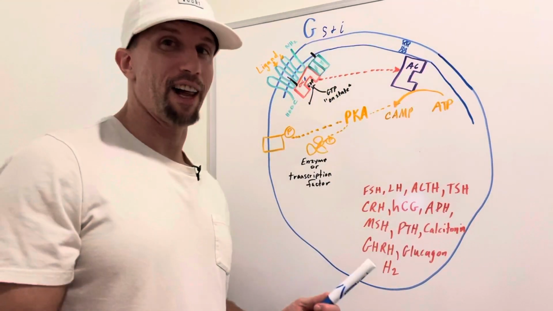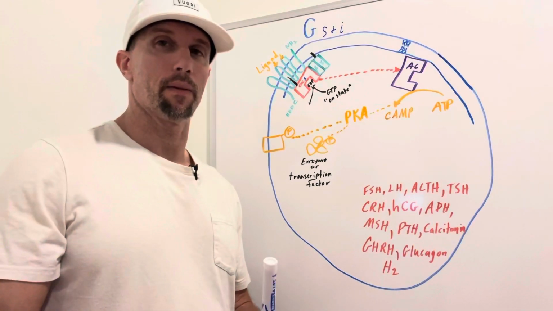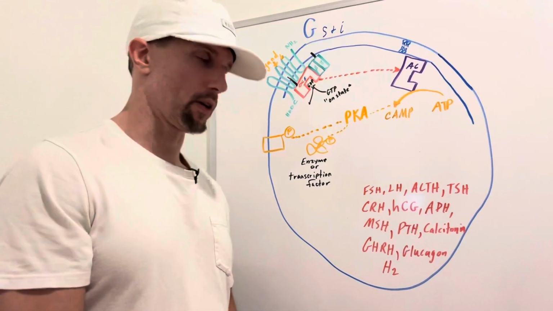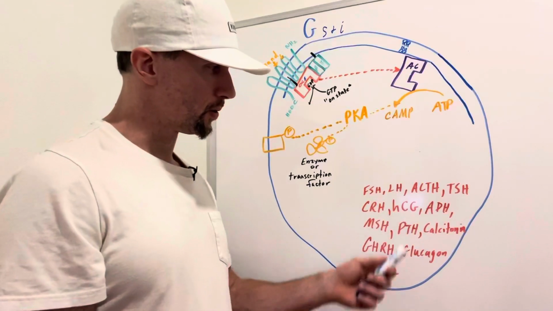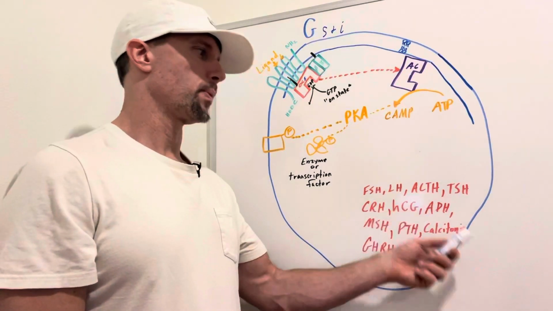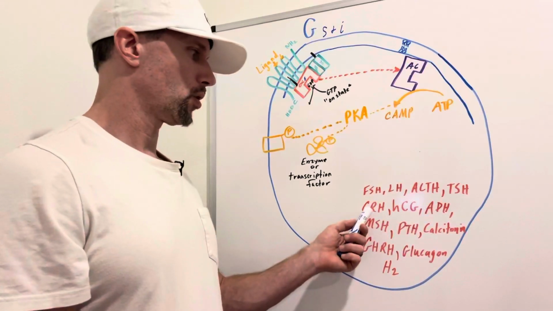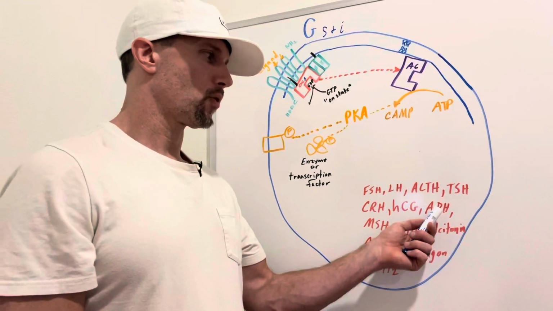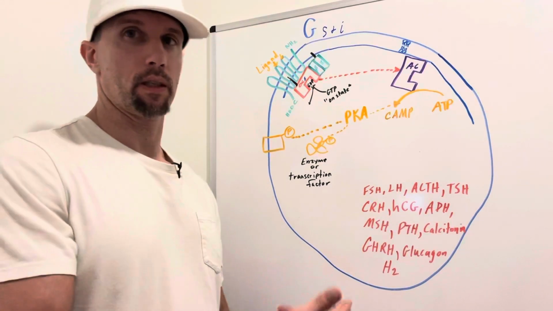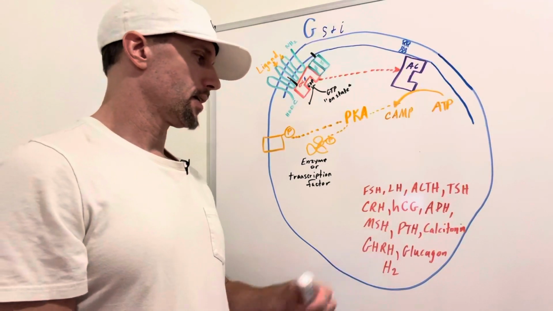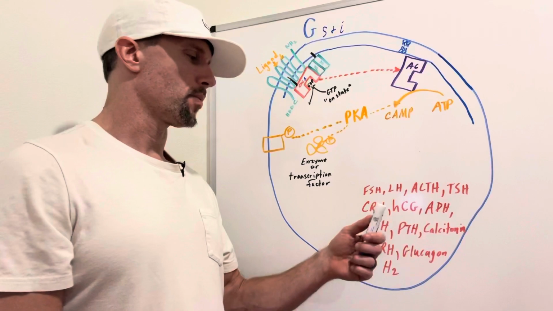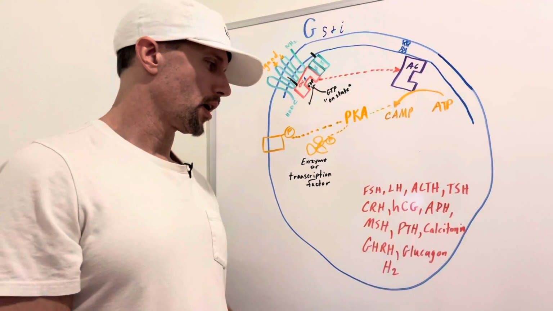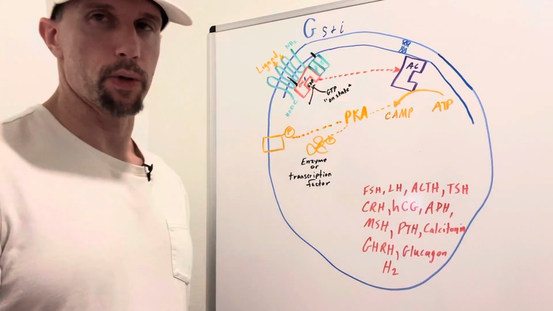There are a lot of different ligands that bind to GS and GI G proteins. Just to name a few, here are some endocrine hormones: follicle stimulating hormone, luteinizing hormone, adrenocorticotropic hormone, thyroid stimulating hormone, corticotropin releasing hormone, human chorionic gonadotropin, antidiuretic hormone, which is both GQ and GI, melanocyte stimulating hormone, parathyroid hormone, calcitonin, growth hormone releasing hormone from the hypothalamus, glucagon, and H2, or histamine type 2 receptors.